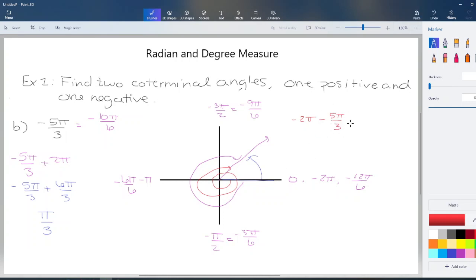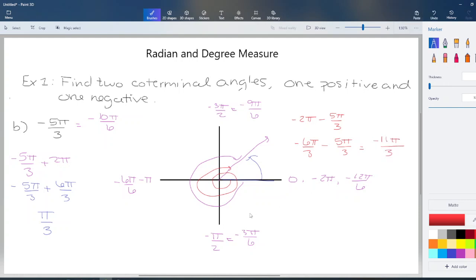So we're taking our original angle and we're subtracting 2 pi. Okay, making common denominators again. So this is going to give me negative 11 pi over 3.